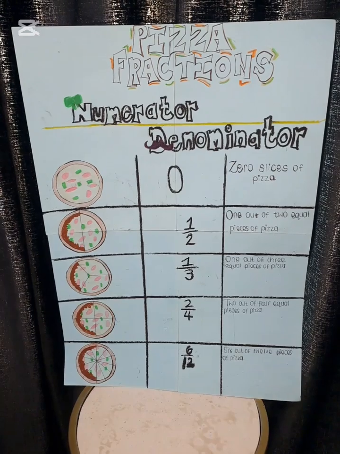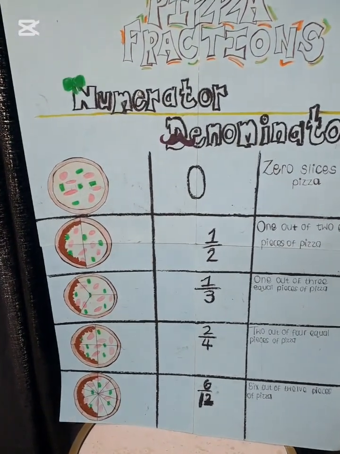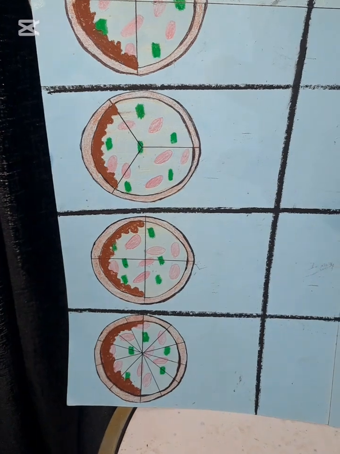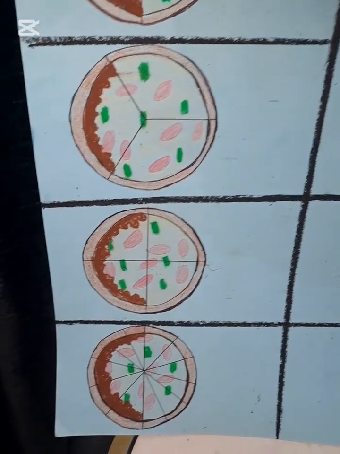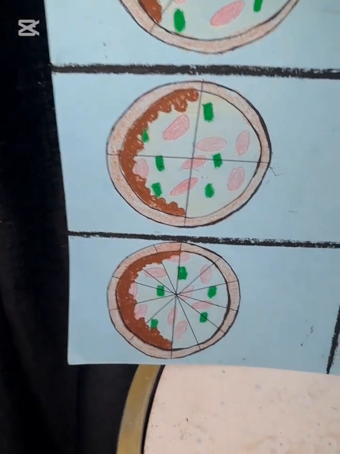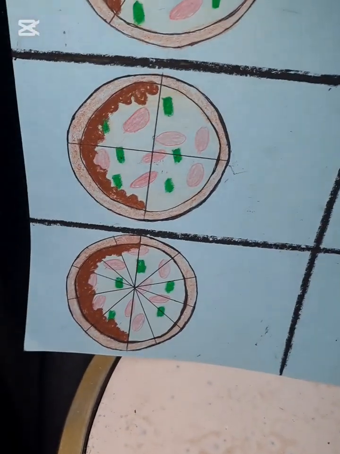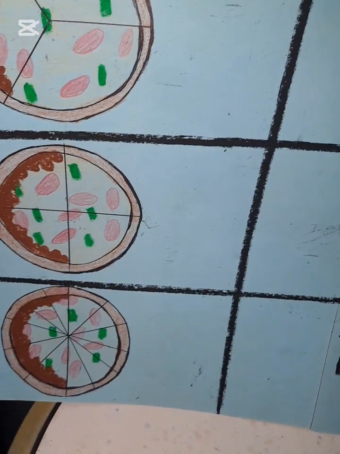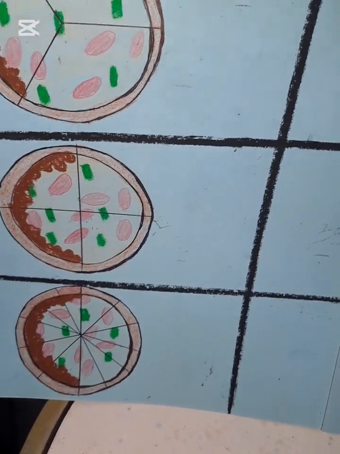In the end, Mr. Denominator realizes the importance of his wife and the role that she plays in his life, and therefore decides to cut the pizza into 12 slices, sorry. So as you can see at the denominator, there are 12 slices, but out of the 12, he decides to share and give his wife 6 pieces.